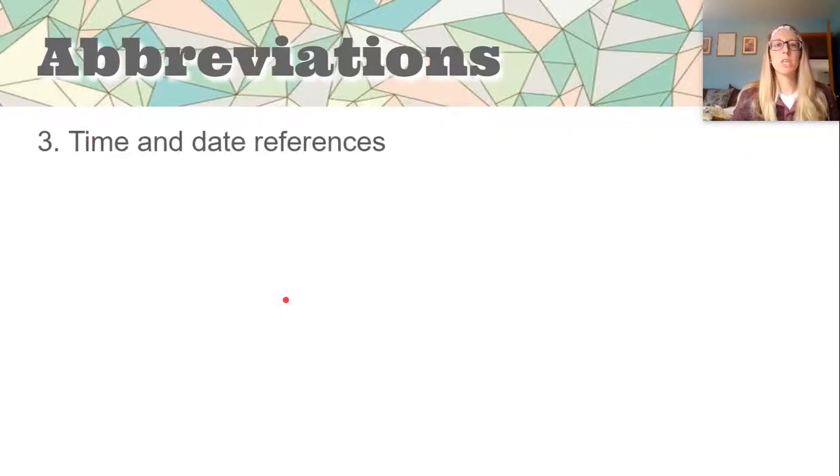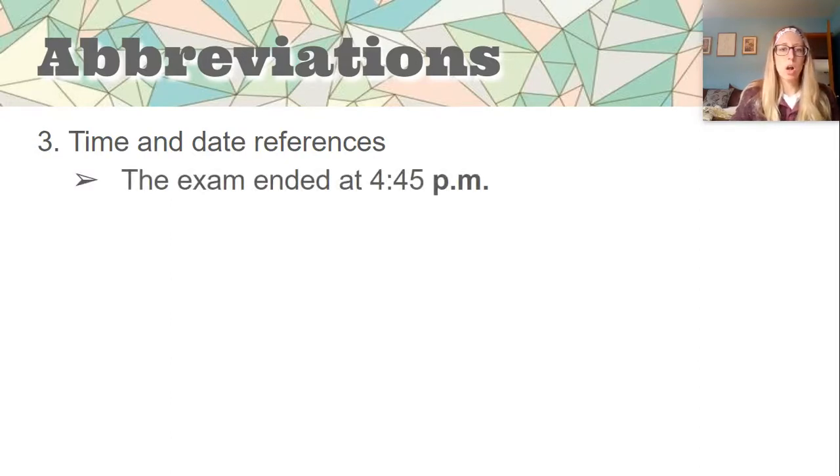The third exception for abbreviations is time and date references. Like the PM, you can include that in formal writing. There's a lot of debate as to whether you keep it lowercase or you capitalize it. Typically when you capitalize AM or PM, you do tiny capital letters, so it's still the same size as the lowercase.